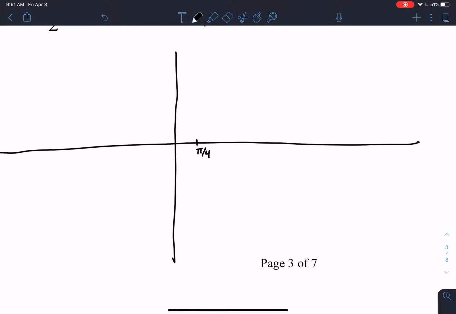So pi over 4, 2 pi over 4 is pi over 2, 3 pi over 4, 4 pi over 4. And then you got 5 pi over 4, 6 pi over 4, 7, and then 8. And then I'm just going to go one period to the left.